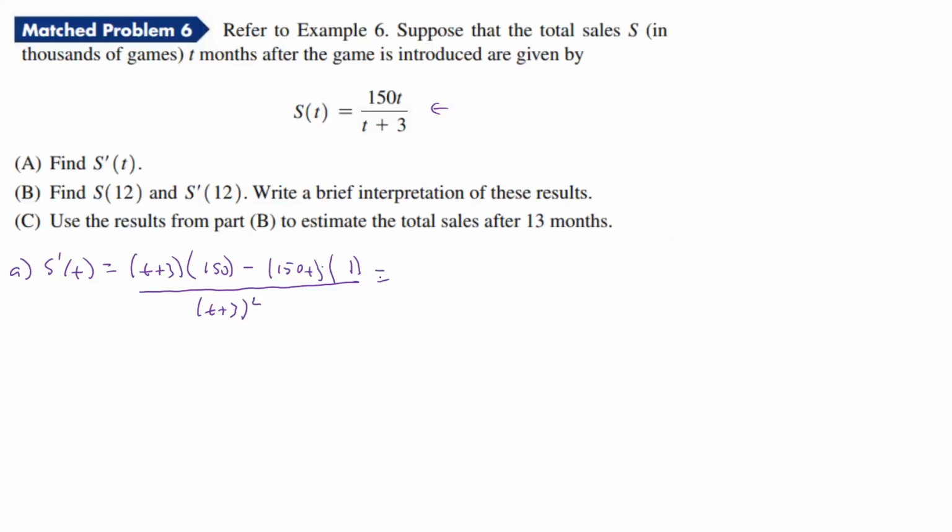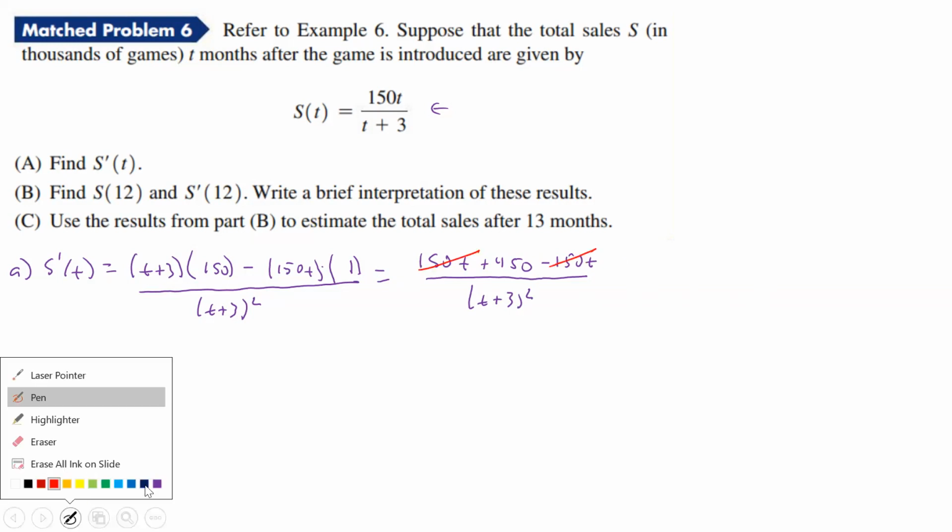Now, can we simplify? Yeah, we could take that and multiply it. So this can be 150t plus 450 minus 150t all over t plus 3 squared. When we see it cancels, that cancels that.